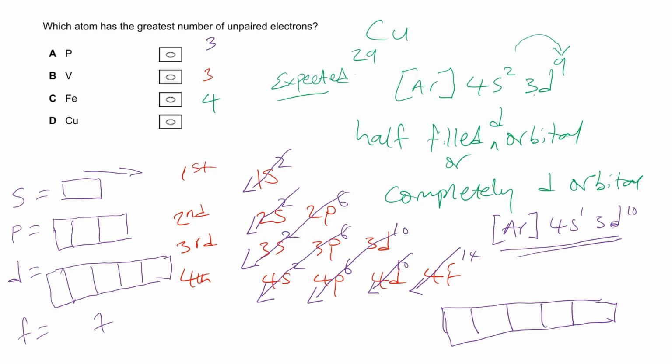Okay, so let us fill in the electrons using the rules. First of all, you fill in the electrons 1, 2, 3, 4, 5. So then it remains 5.